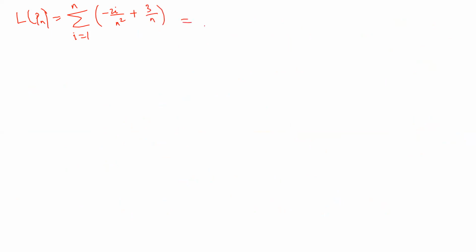Okay, let's continue. So what do we get here? Now here we note that the rest of these are constants. The only variable is i. So if I want to perform this summation, I can take out the constants and just perform the summation of i, plus the 3 over n, which is the summation of 1.